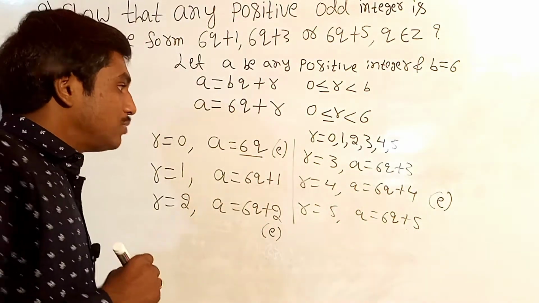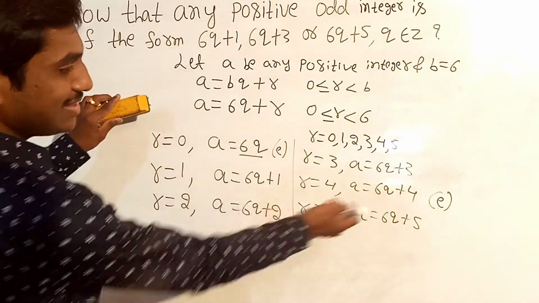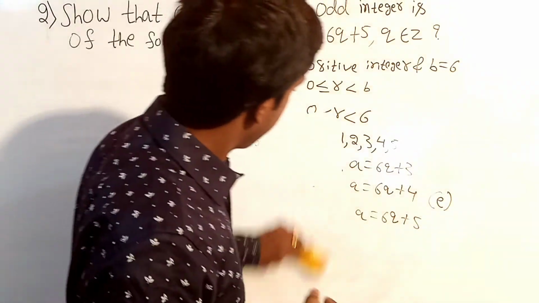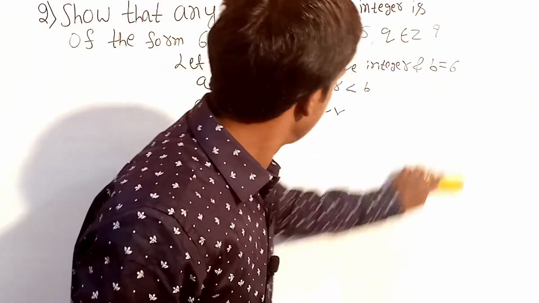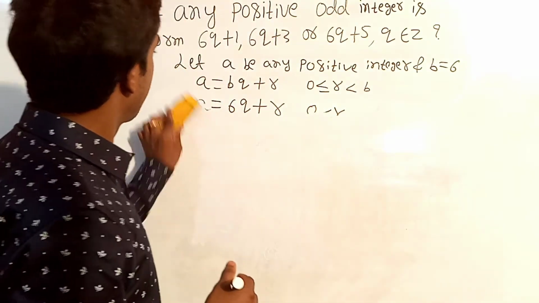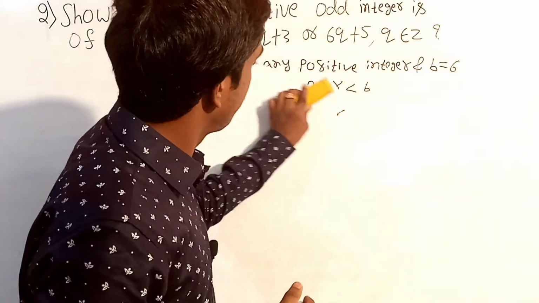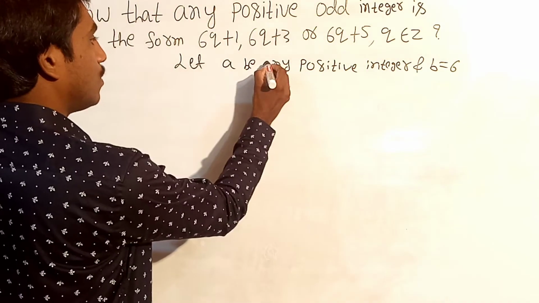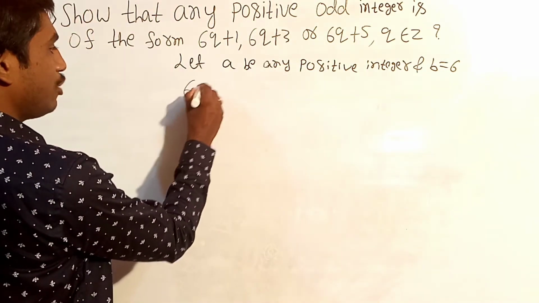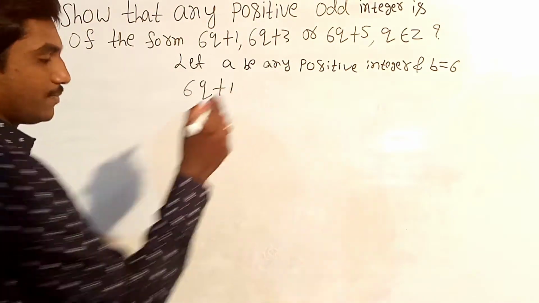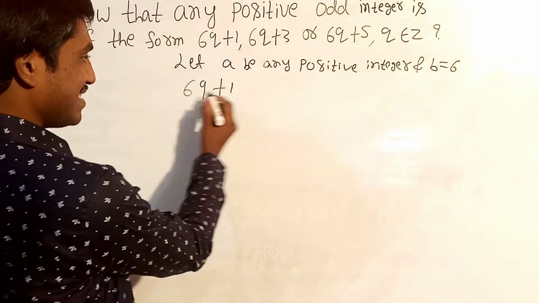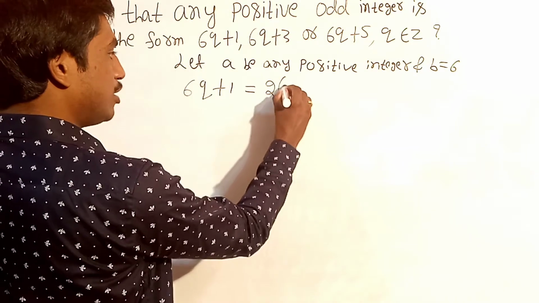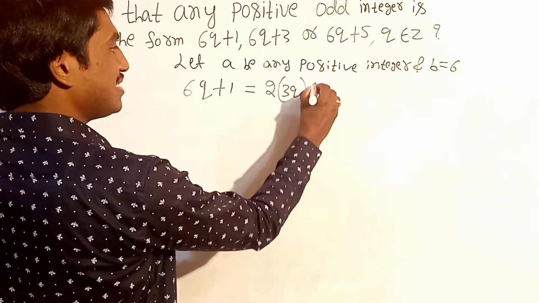Now 6q plus 1. If you consider this 6q plus 1, I can write it as 2 into 3q plus 1.